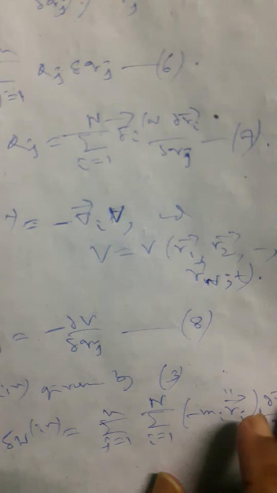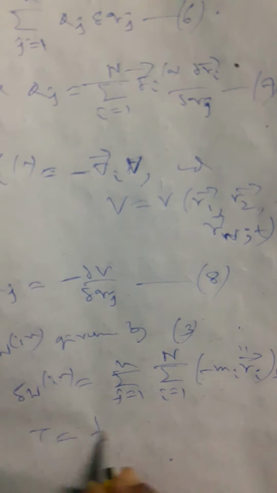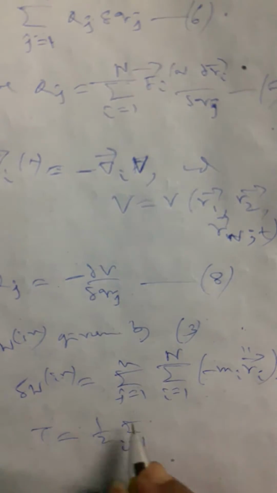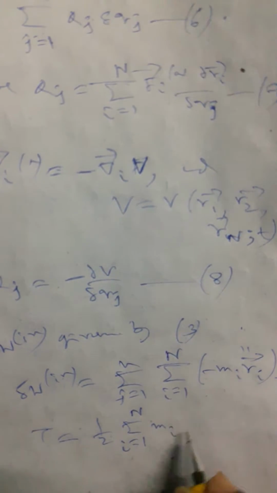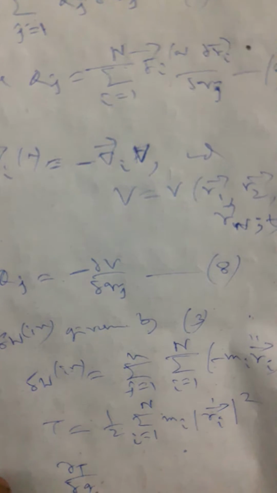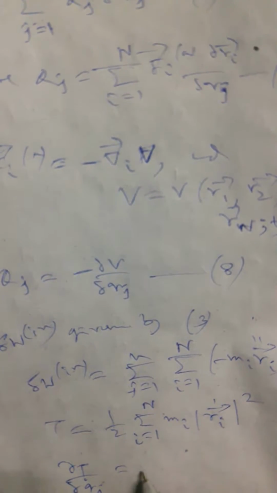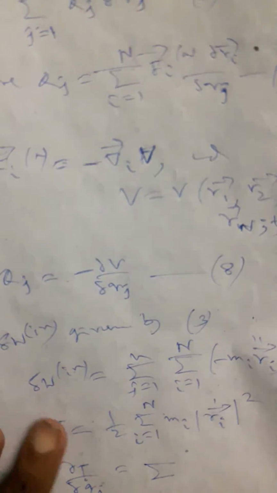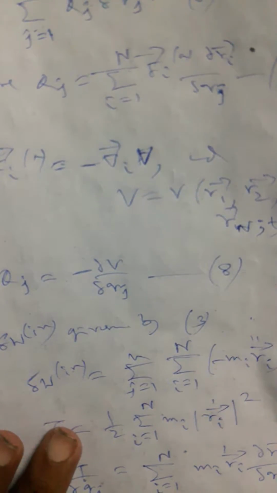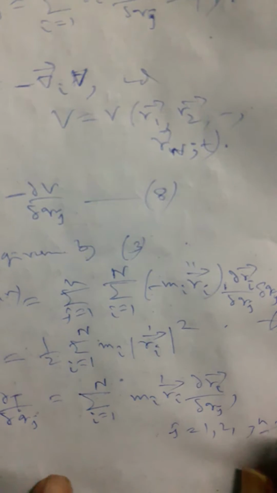At first, we consider the kinetic energy of the holonomic system, T equals half of the sum over i equals 1 up to n of mi ri dot squared. Now it is a straightforward and obvious result that del T del qj dot will be equal to the sum of i equals 1 to capital N of mi ri dot del ri dot del qj dot, for j running from 1 up to small n, the degrees of freedom.